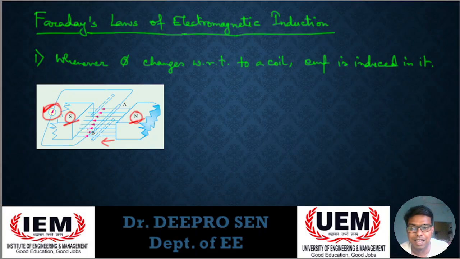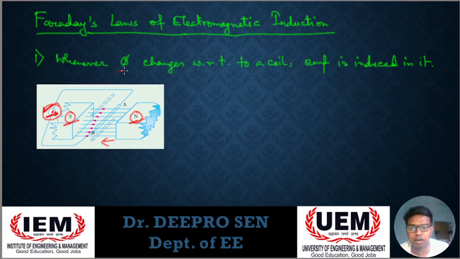Now, if there is any change with respect to the positions of these two, that means the magnetic field or the conductor, that means any kind of relative motion between the two, there will be an EMF induced in it, and we will observe a change in the arrow of the galvanometer.